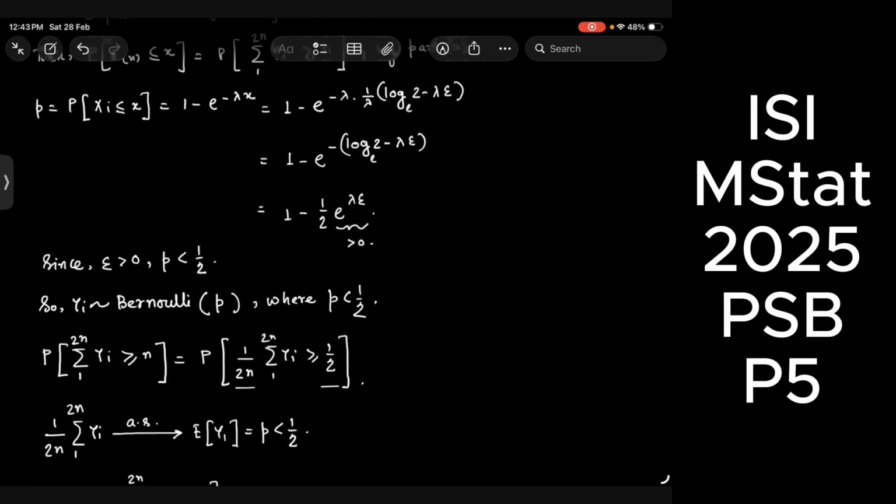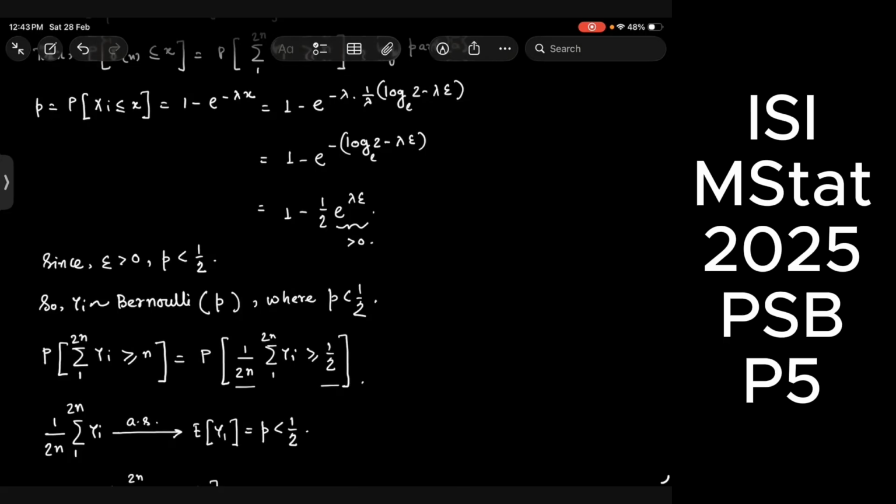Can you tell me why I have written this P less than half? Give me a proof. Anyone can prove? So lambda epsilon is positive, so e to the power something greater than 0 is greater than 1. So 1 by 2, correct.